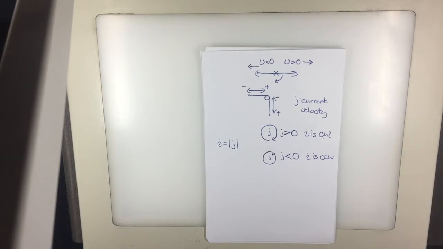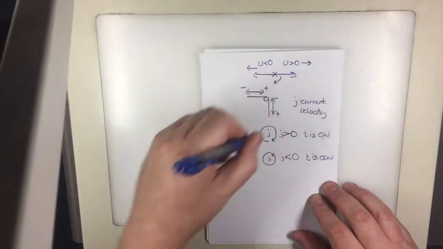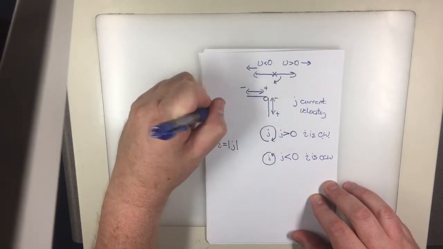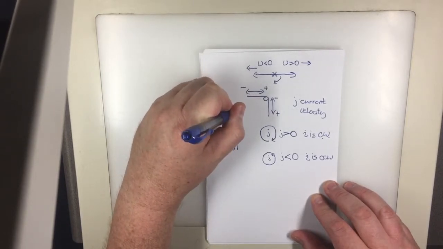Now, there are many ways to teach this problem. I've narrowed it down to one. It's because I think it's the most efficient, it has the fewest moving parts, it's the most easily understood, and it is very rigid in the way that you do these problems. So J is my current velocity, I is what I think of as standard current.